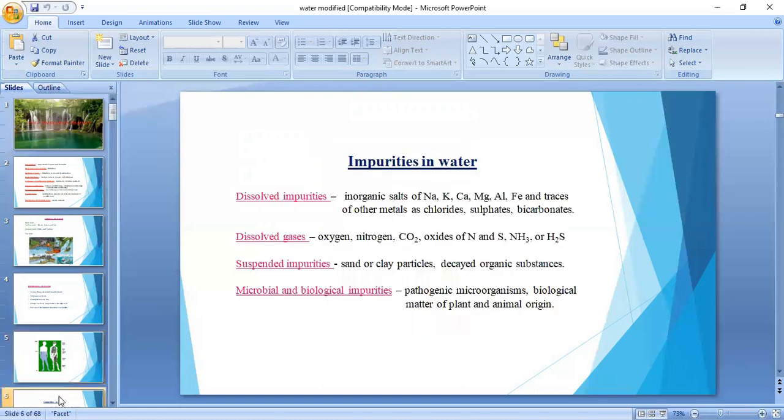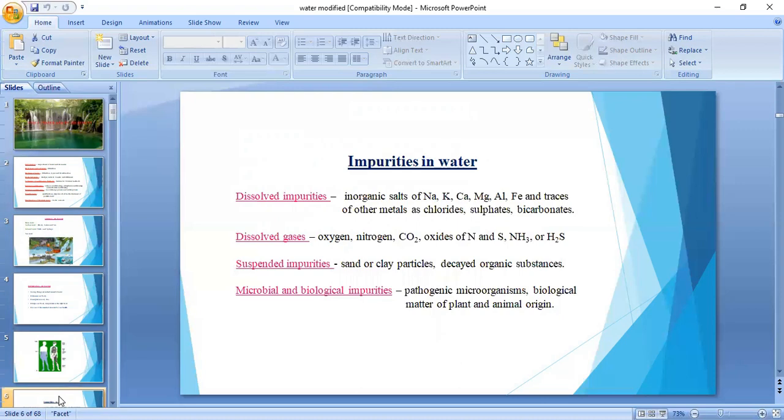Okay, so next, hardness of water and impurities. The source of water gifted by nature is not pure water; it contains a lot of impurities. The impurities present are dissolved impurities, dissolved gases, suspended impurities, and biological microbial impurities.